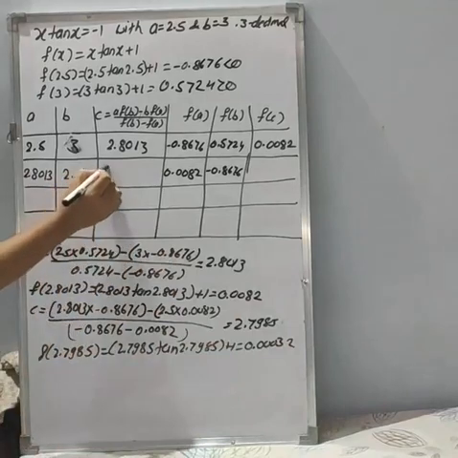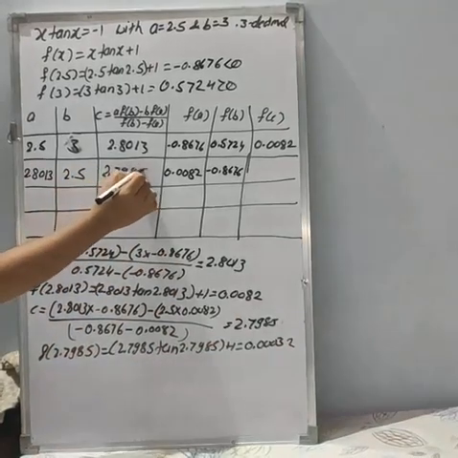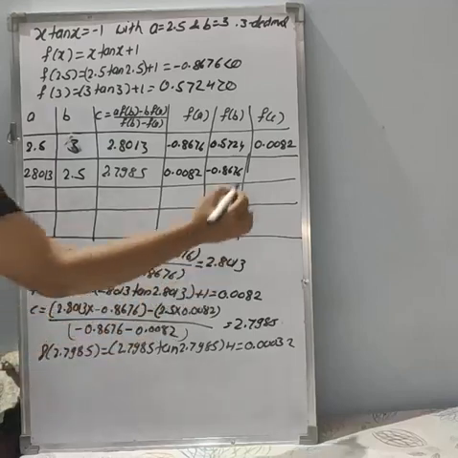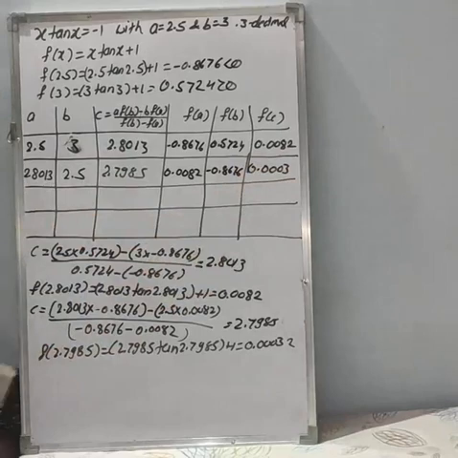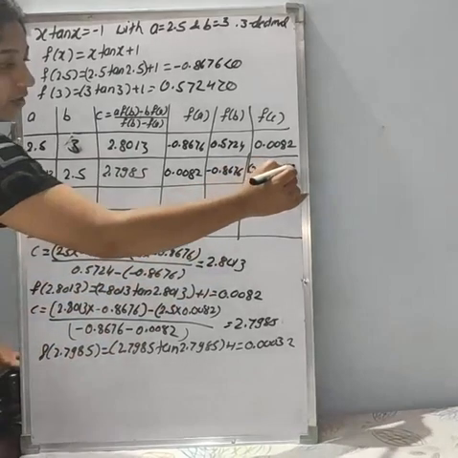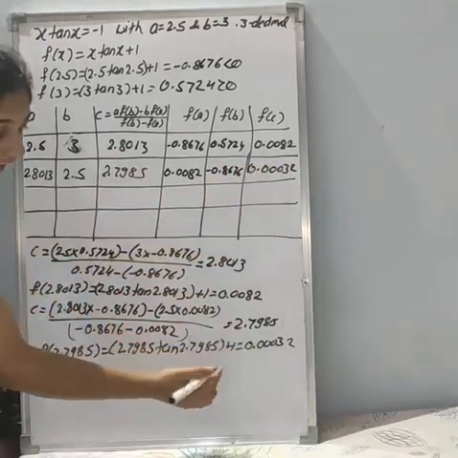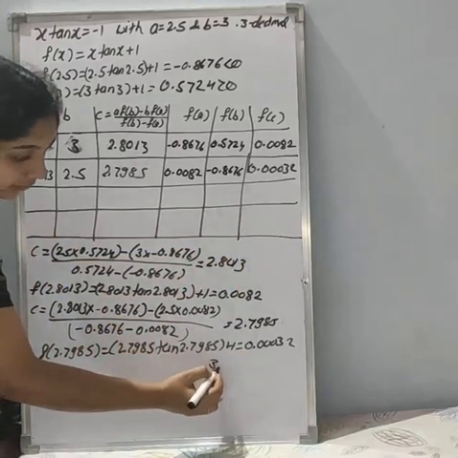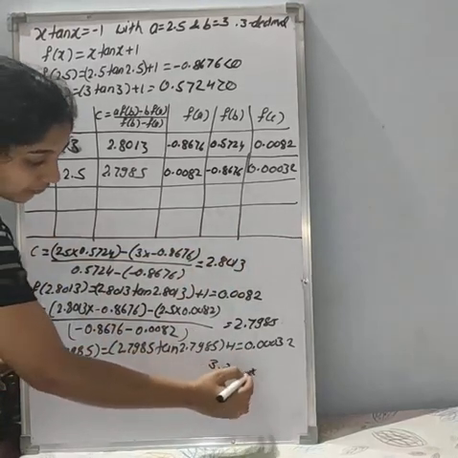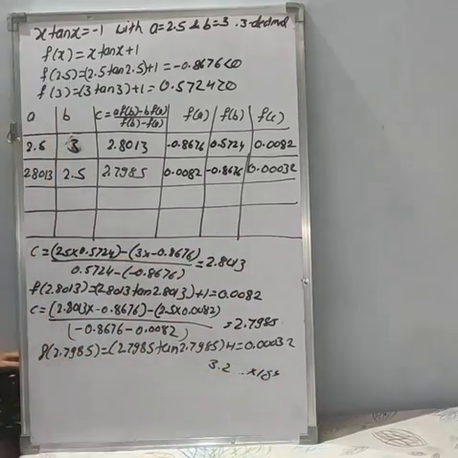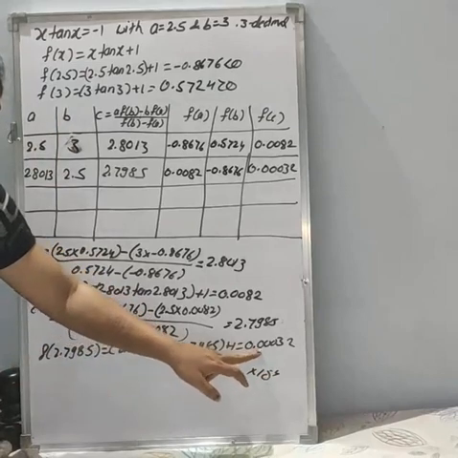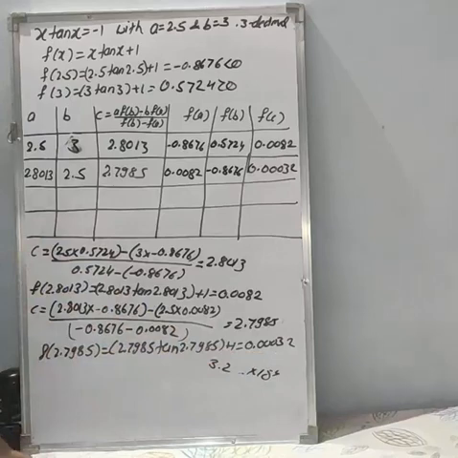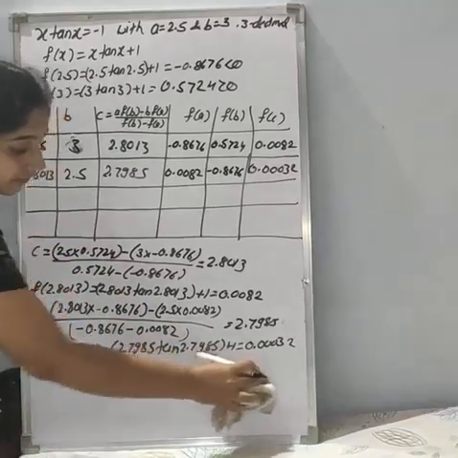So here we have 2.7985, that is the value of c, and f of c is 0.00032. In your calculator you will get 3.2 some numbers into 10 raised to minus 4, so here we have minus 4. So we have to type 4 including this, 1, 2, 3, 4. Then write down this number 32. Okay, so this is the second iteration.